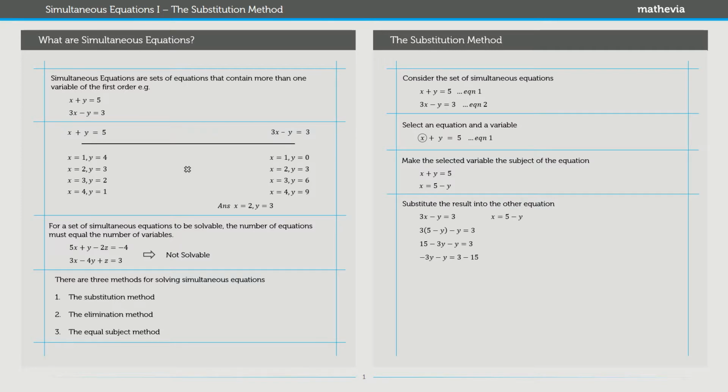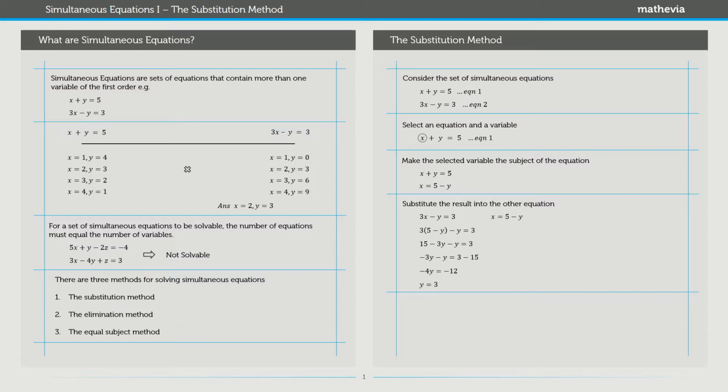Now we can just solve this like any simple linear equation. When we collect like terms, we end up with minus 4y equals minus 12. Finally, when we divide both sides by minus 4, we end up with y equals 3.